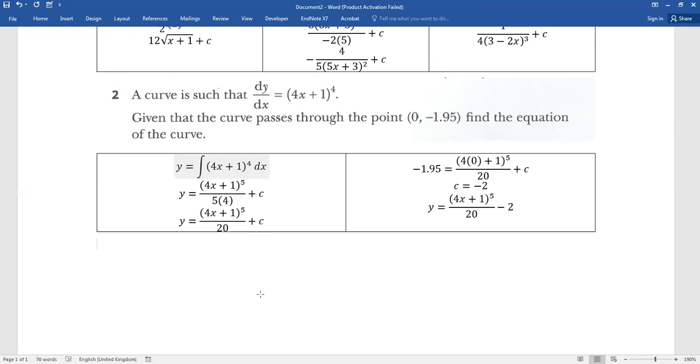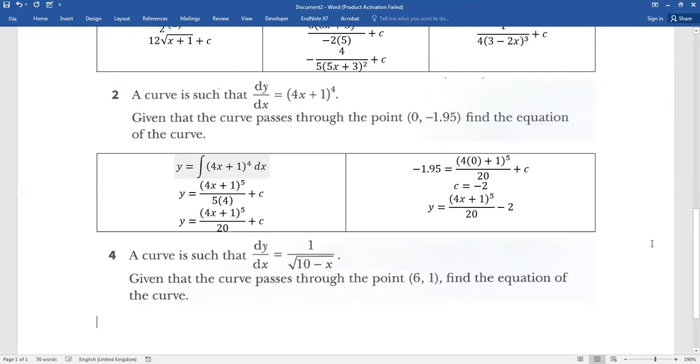Let's attempt a couple more questions. Okay, what about question number 4?